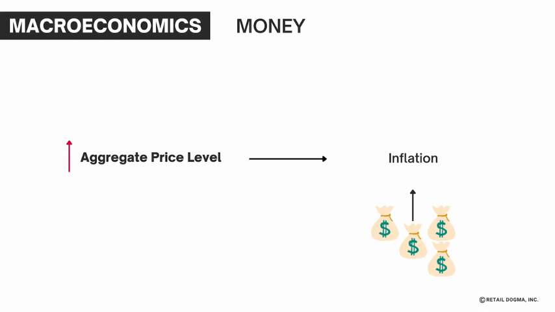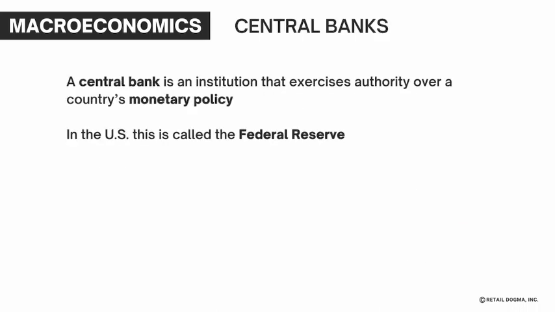But first, let's understand the role of central banks. A central bank is an institution that exercises authority over a country's monetary policy. In the US, this is called the Federal Reserve.